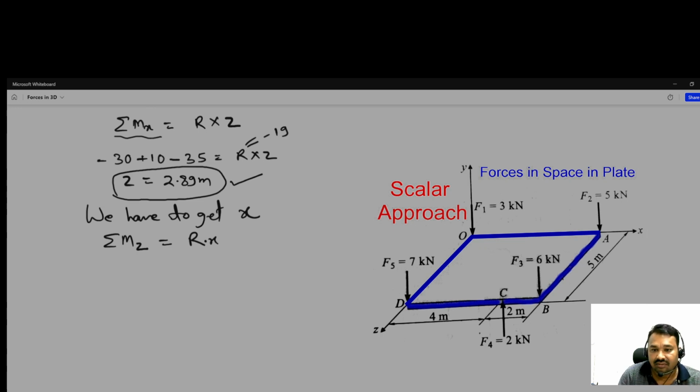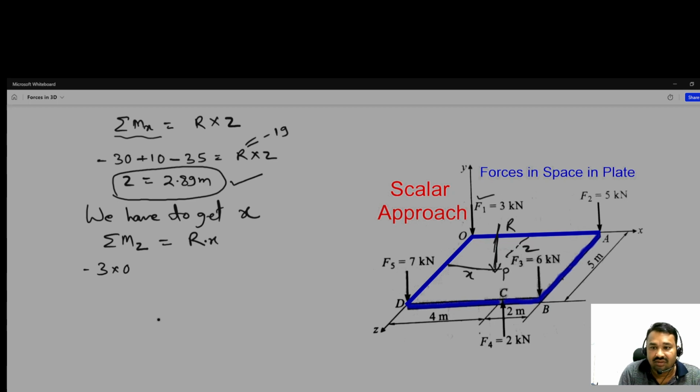So what we have to do, this is our vertical line, this is our resultant, and the coordinates P, and from here to here, this is z, this is x. So moment about z now. F1 lies at the origin, that's why minus 3 into 0.